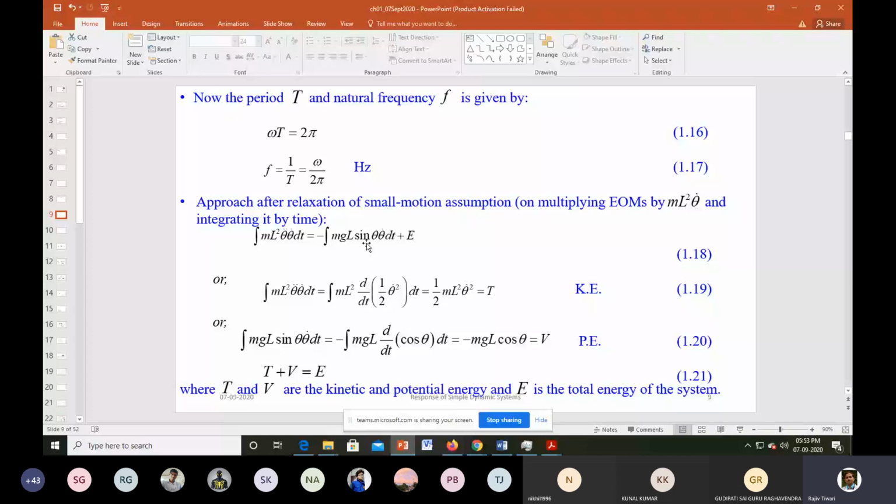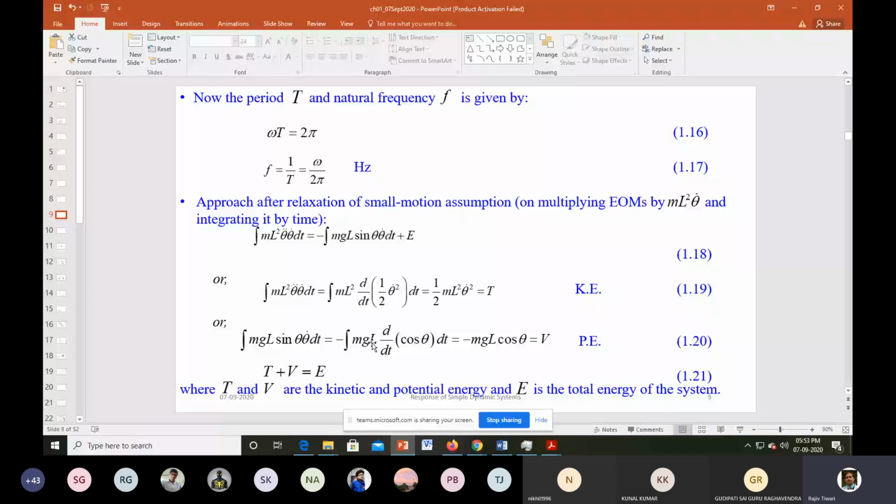This also can be rearranged in this form. If I differentiate this, I'll get minus sine theta and then theta dot. So you can see the same thing; the minus sign is here because of that. And again, it has come to the total derivative form because this is a constant. So this will give us mgl cos theta.